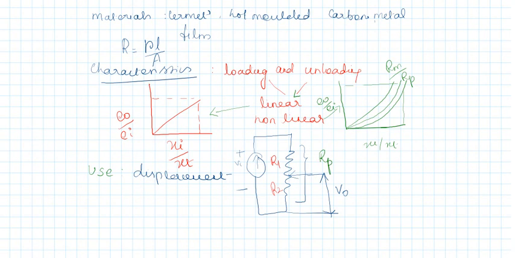So how can I find the value of my V0? V0 is equal to Vi, that is my input voltage, into R2 divided by R1 plus R2, because this is called the voltage divider rule. Maybe in the first year itself you would have got this point. So this is my voltage divider rule.